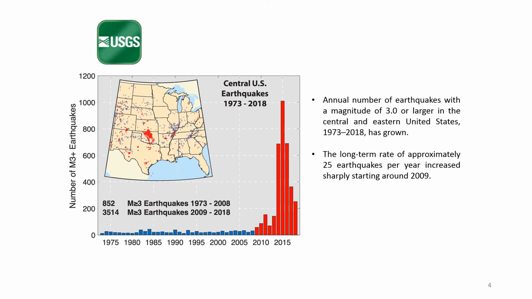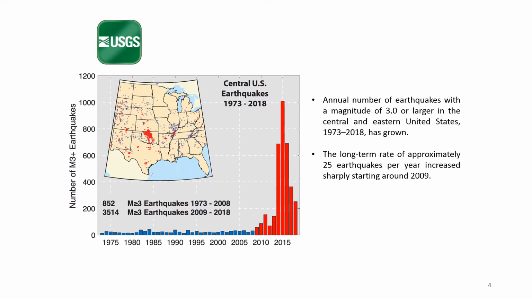Currently, the seismicity rate in the central and eastern United States is very high, and scientists believe this dramatic increase in the number of small to moderate earthquakes started since the end of 2008 until now.